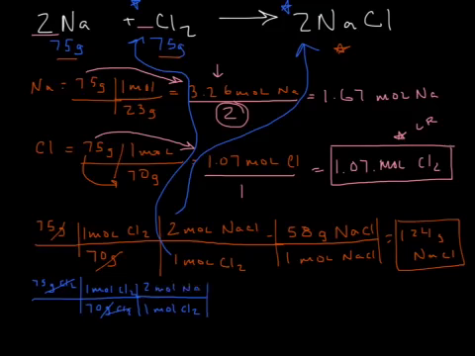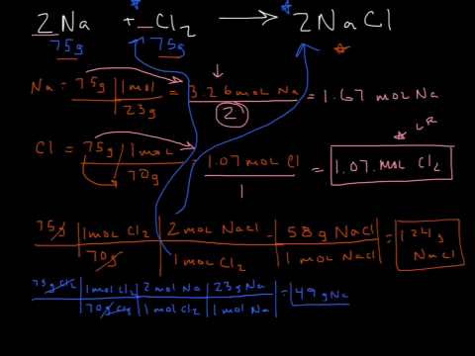And now let's find the mass of sodium. So we have 1 mole of sodium is 23 grams. Alright, from there we find out that gives us 49 grams of sodium.